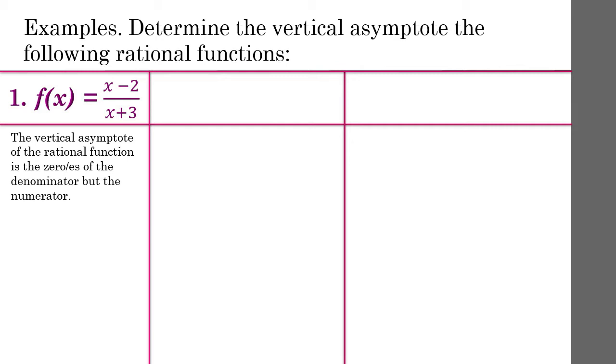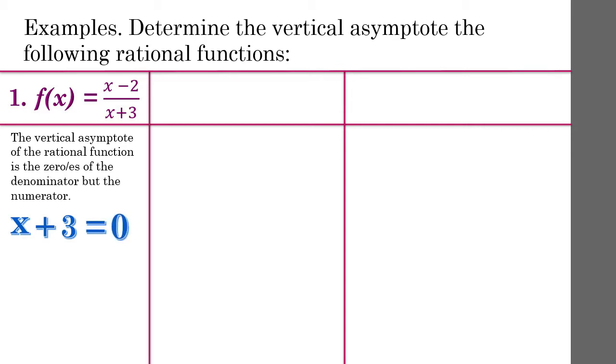When we say zeros, we are going to equate the denominator of the function to 0 to determine its vertical asymptote. And therefore, we have x plus 3 is equal to 0.